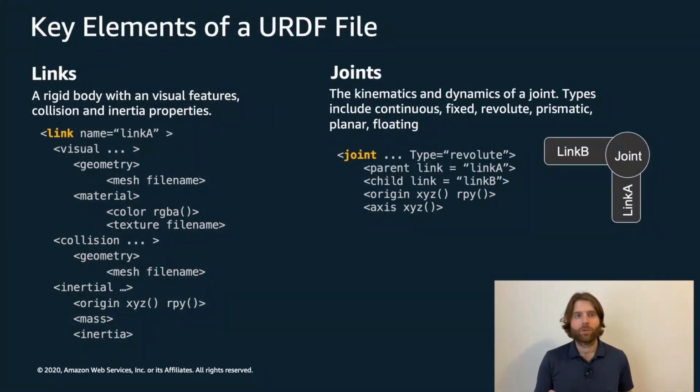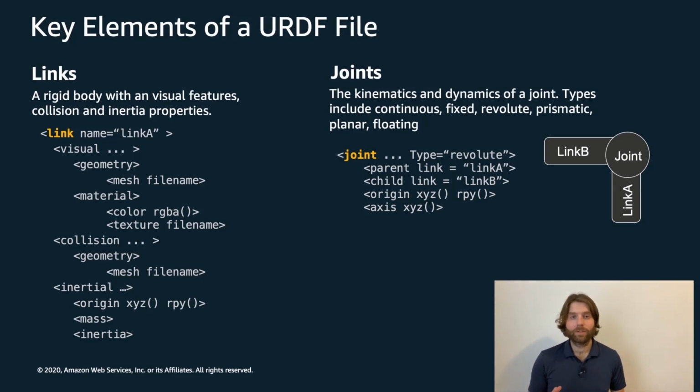But first, let's start with 2 key elements of a URDF file: links and joints. A link is a rigid body with visual features, collision, and inertia properties. In the visual tag of the link element in your URDF files, you can define either a simple geometric shape, like a box, cylinder, or sphere, or use more complex 3D meshes, which can be in formats such as SDF, OBJ, or Collada files.